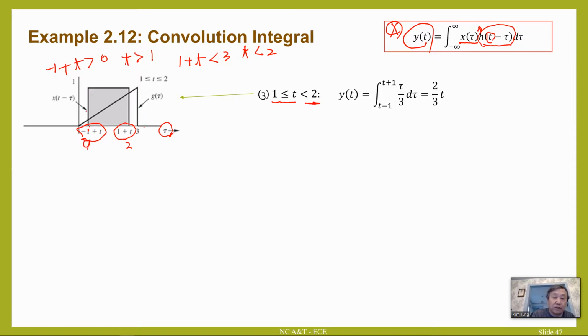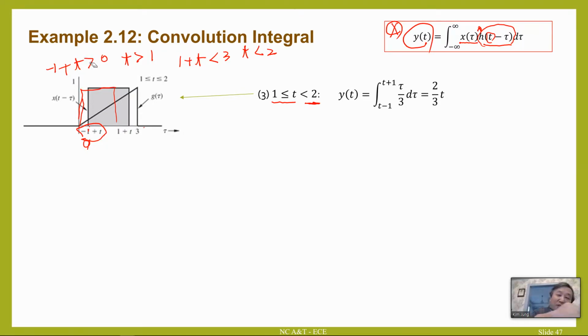It depends on t. If you change t, then this rectangle is going to shift. Does that answer your question? Yeah, I'm following as best I can.